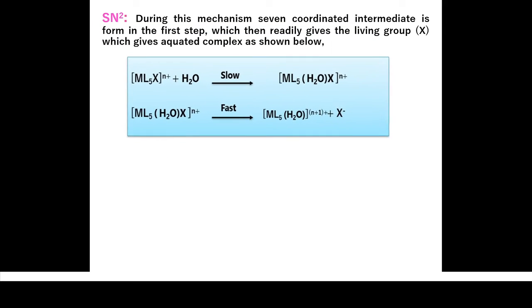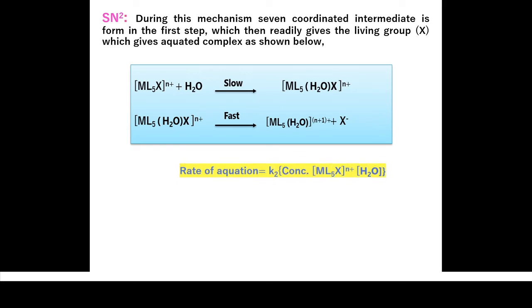Let's move towards the SN2 type of mechanism. During this mechanism, a 7 coordinated intermediate is formed in the first step, which then readily gives up the leaving group, which gives the aquated complex. Okay, this is about the SN2 type of mechanism in case of acid hydrolysis. As we have already discussed in the previous lecture, in the SN2 type of mechanism, first of all, in the first step there is association of the ligand.